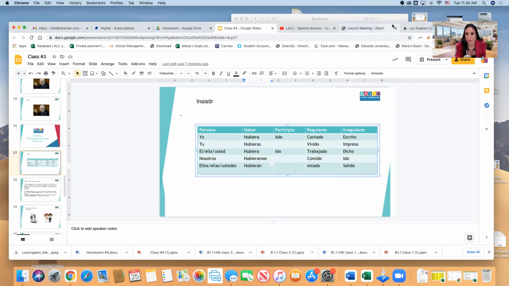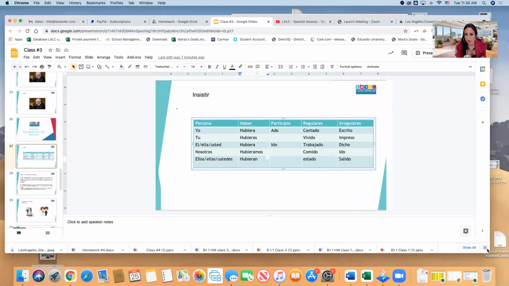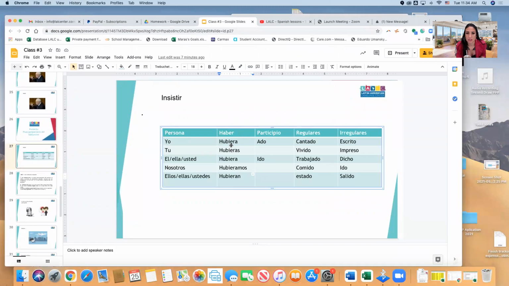The grammar of this is the easiest one, because you just have to study this and the participio, which I explained in other videos. This is compuesto because it has two parts.